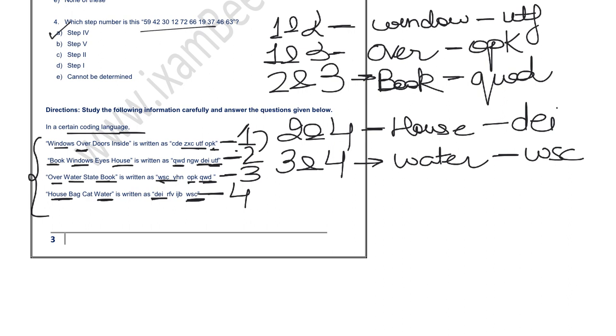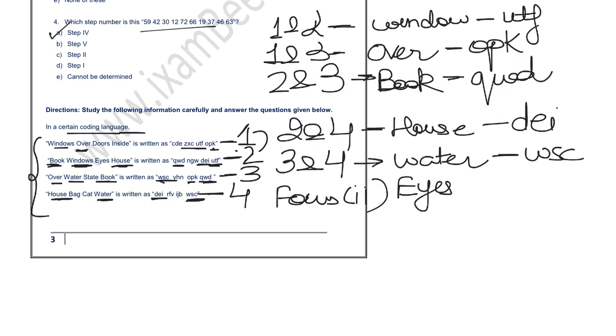Now if you focus on statement number 2, you will find that the only word left is eyes, because I have already found the code for book, for window, for house as well, right? And the only one left over here is eyes.